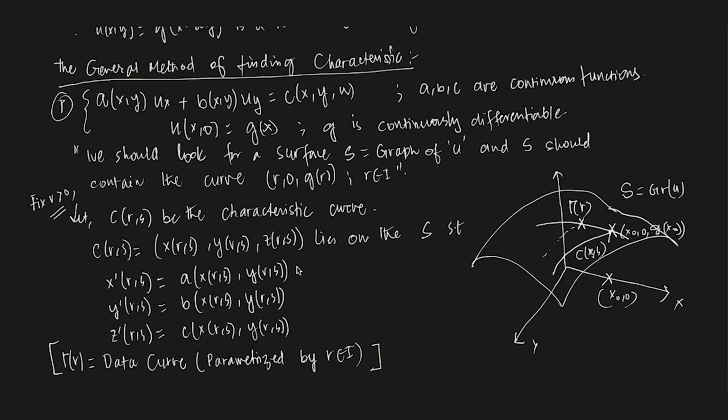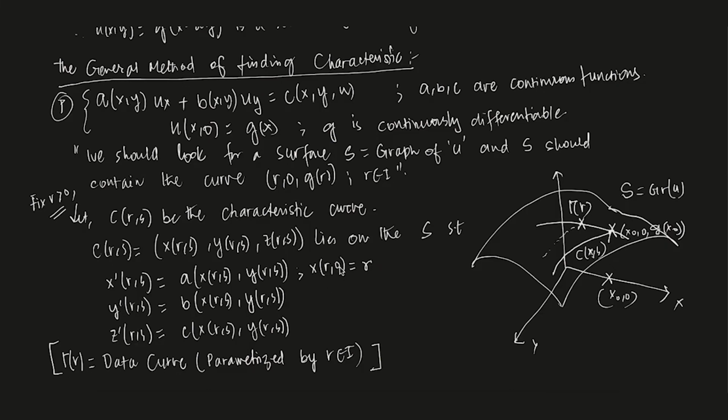We have more information here. So, what is x at the point (r,0)? See, at the point x naught, 0, s equals 0, right? When the curve starts from this point, what is the first component here? x naught is r. So essentially this is r. What is the first component of this data curve? It is r.